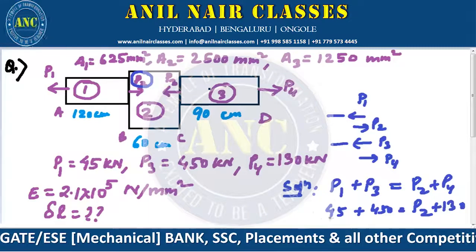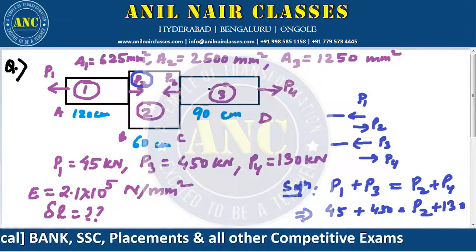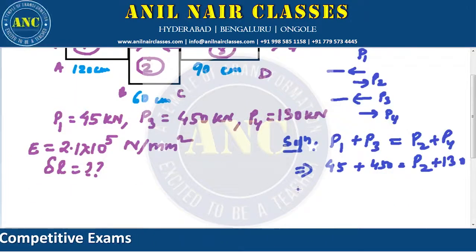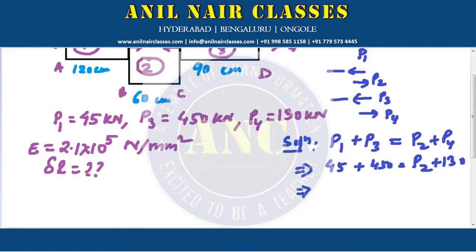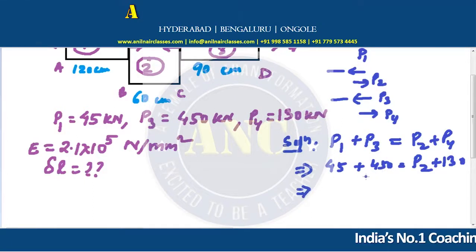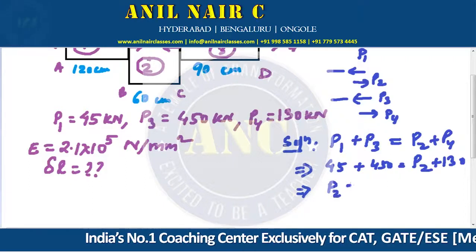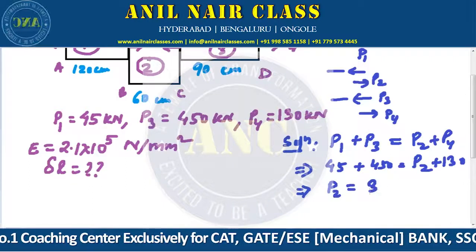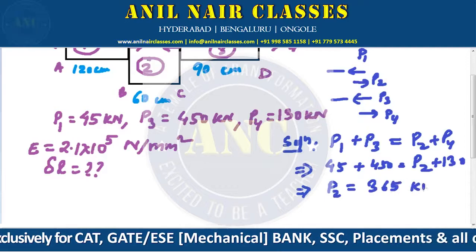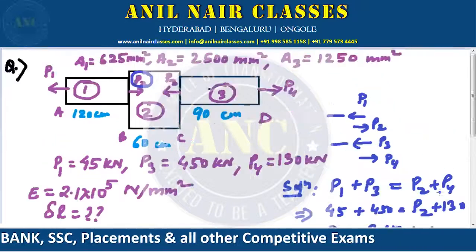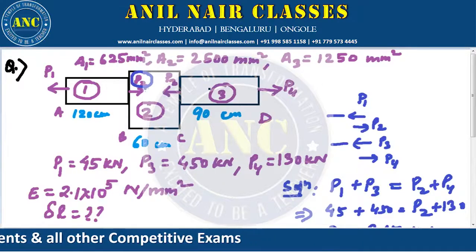When we do this, we get the value of P2. I request all my students, sit with your calculator as well, so you can check the same. By doing this we get the unknown P2, that is 365 kilonewton, right? This is the load because of P2.